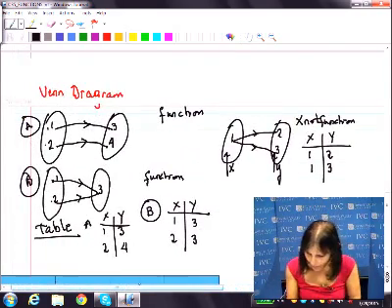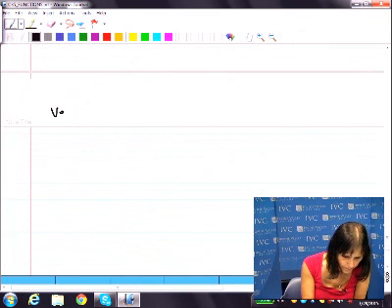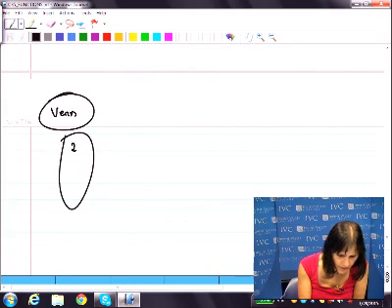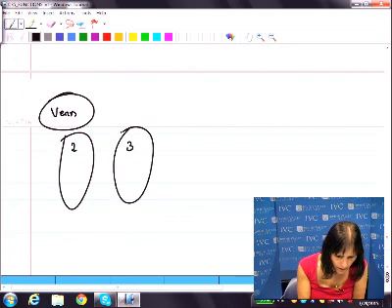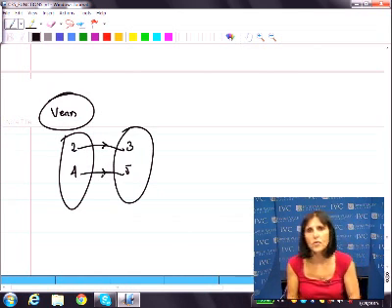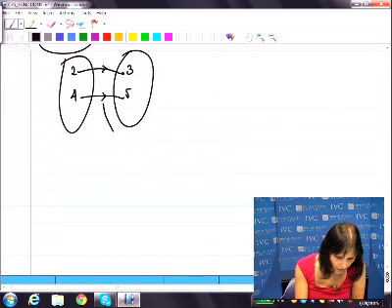Now let's look at domain and range. Let's go back to the Venn diagrams. Remember, you have a function, let's say 2 goes to 3 and 4 goes to 5. And here's a relation, and that relation happens to be a function. So this arrow represents a function.